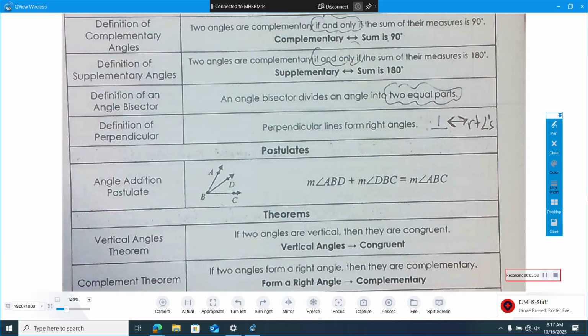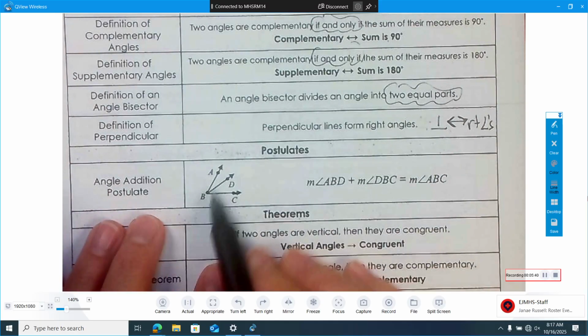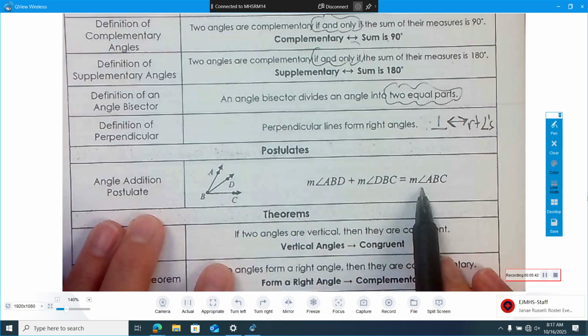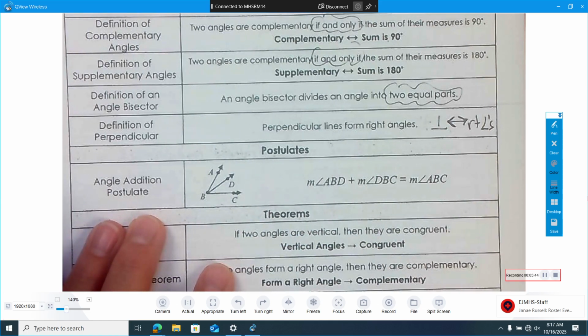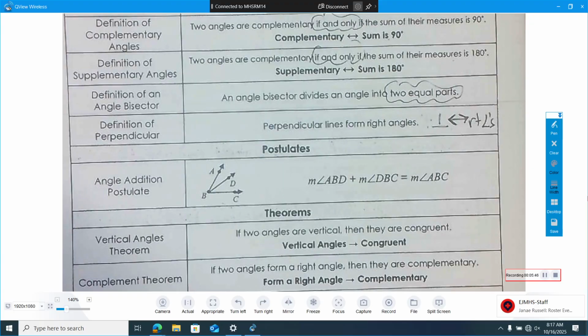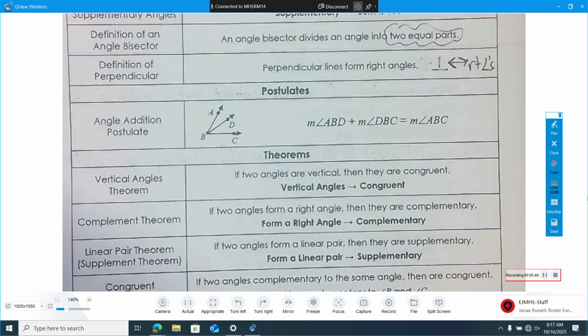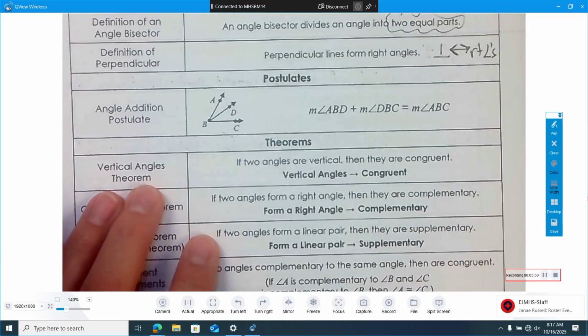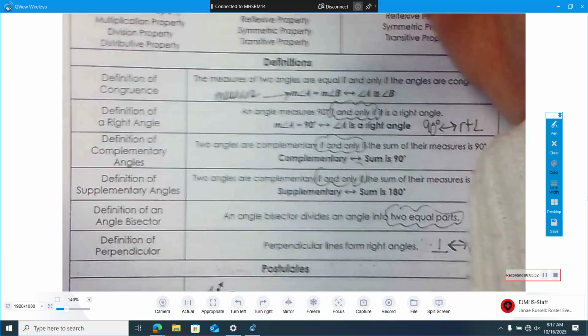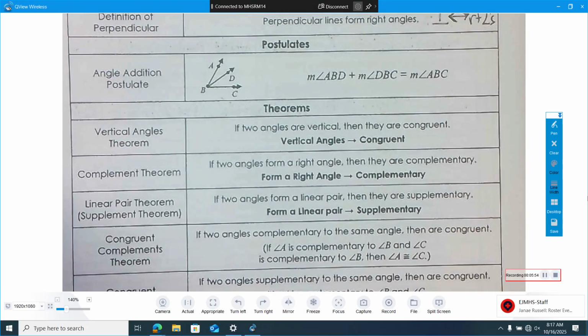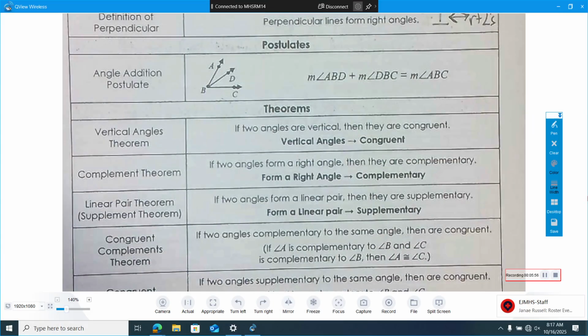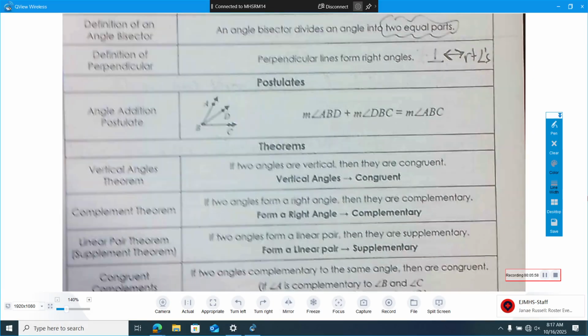So little angle plus little angle equals the whole angle. That is our angle addition postulate, just like our segment addition postulate. Very easy. We also know a bunch of other things. Can you believe how many things we've learned in this month? So this is just review. I think it's a lot.